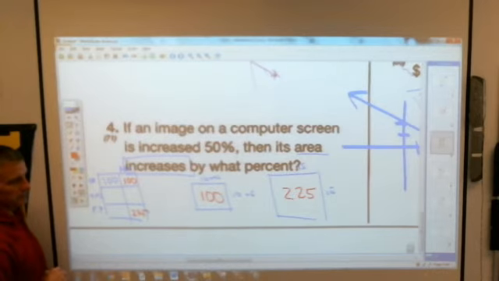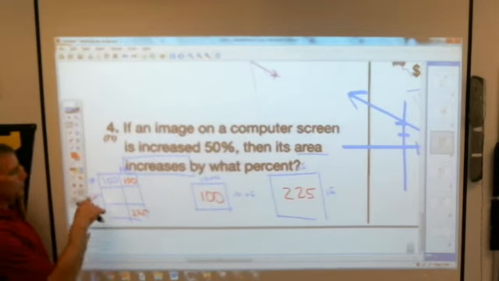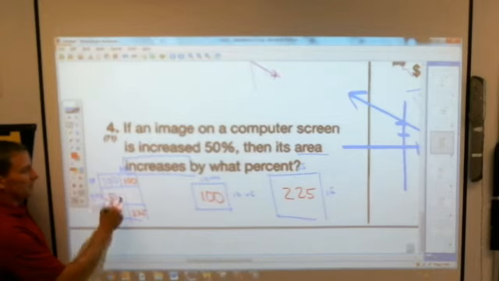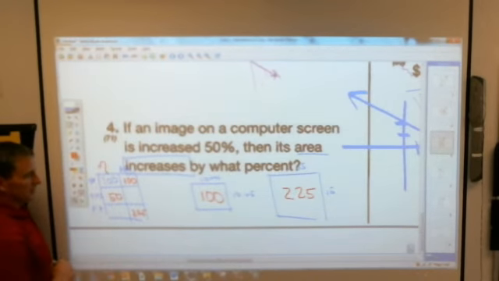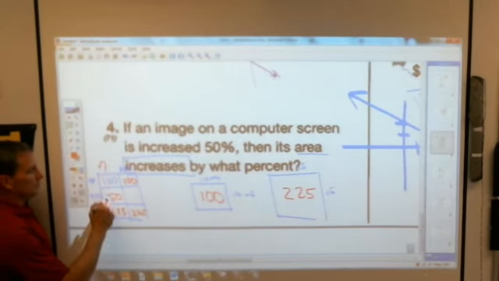I increased my percent by 50%. These are my percentages. And my final percent, oh wait, I'm sorry. My final percent was 225%. My increase was 125. I'm sorry.